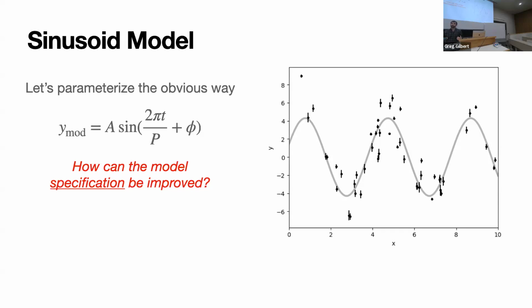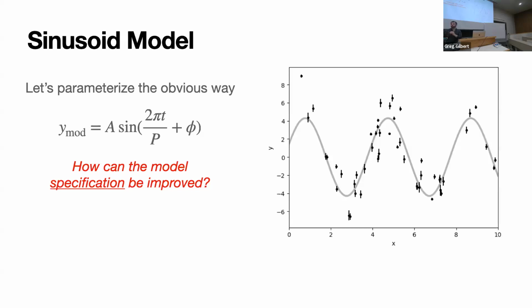The nice thing about working in frequency space, it works for period too, but there's very natural bounds that you can put on it. You can define the longest period, the lowest frequency, based on the baseline, and then vice versa with the Nyquist frequency. So again, with this specific problem, it's probably not really going to matter.